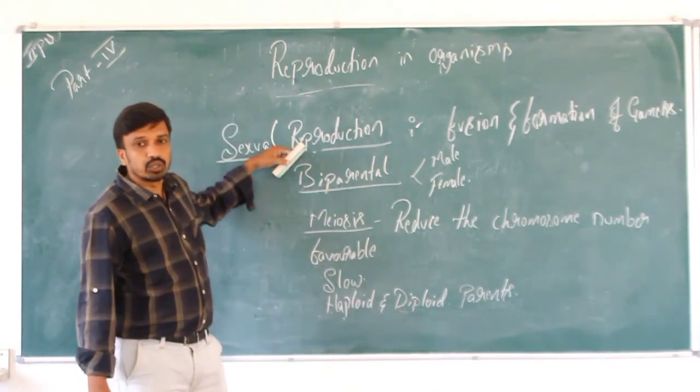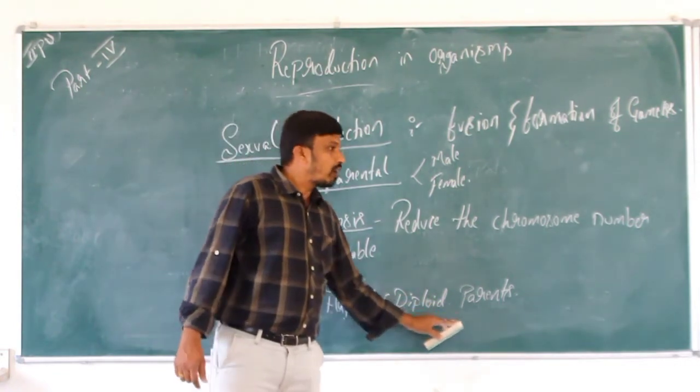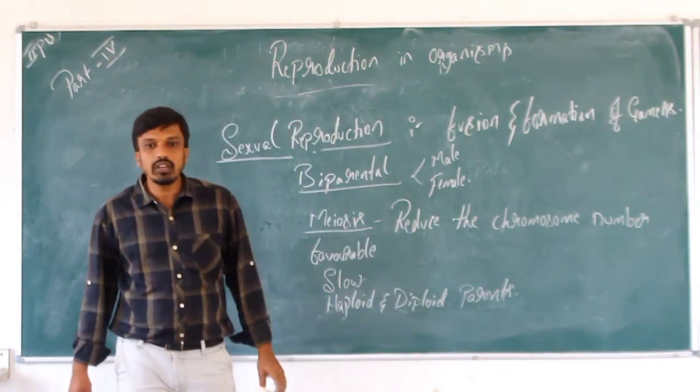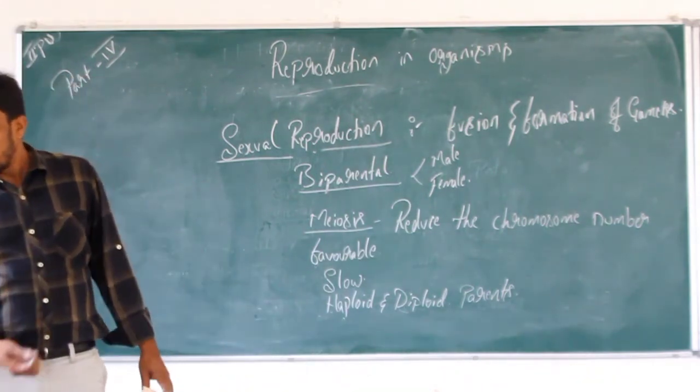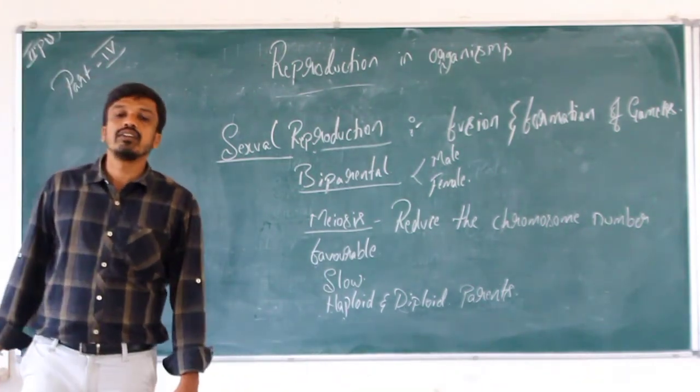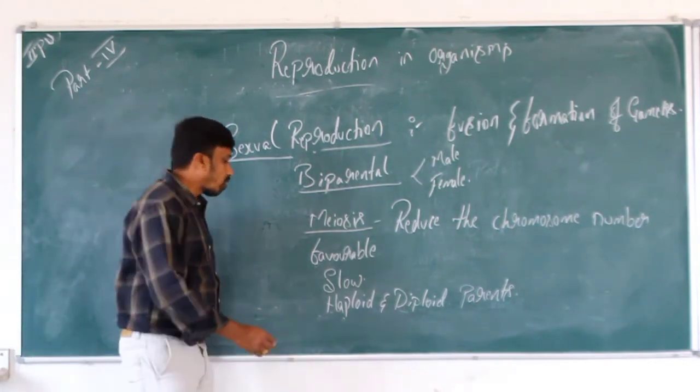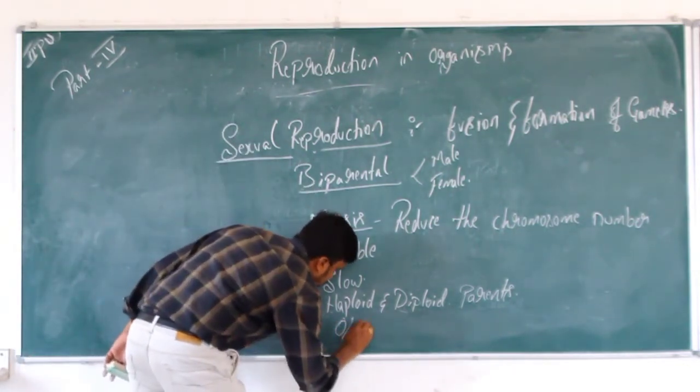So in sexual reproduction, both haploid and diploid parents are involved. Next, what are the other characters? The young ones produced by sexual reproduction are called offsprings.